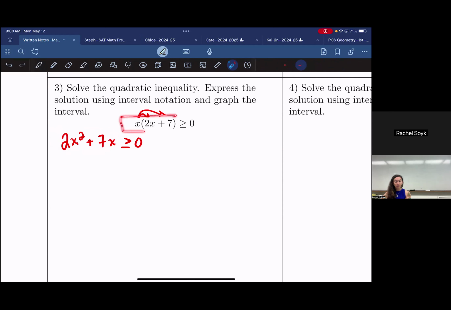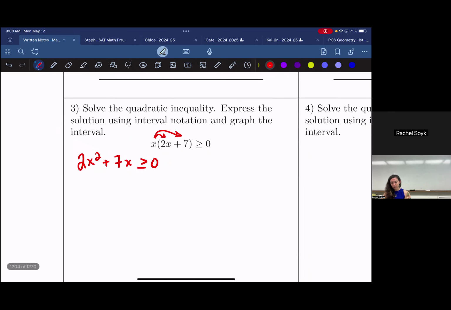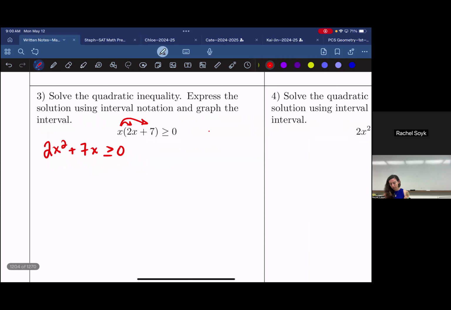However, from the original problem, you can very easily identify what your zeros are. So your zeros, slash your critical numbers. Anytime we have an x just outside a parenthesis, that zero is at x equals 0.